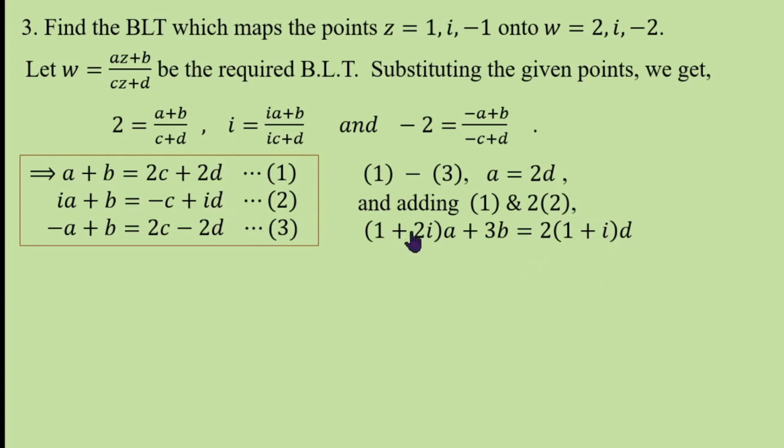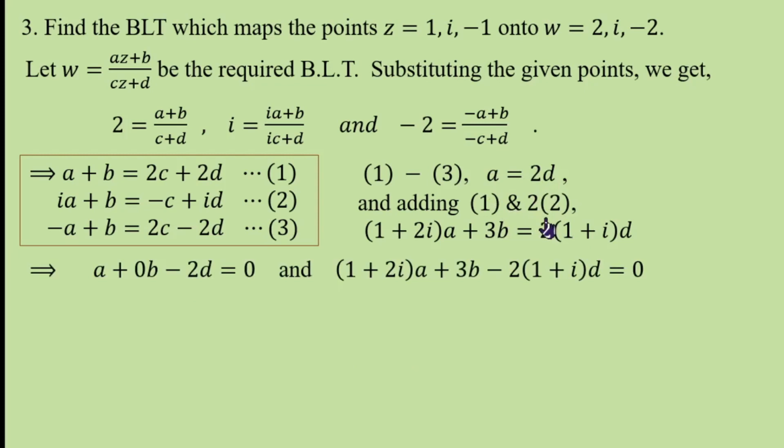Now this equation does not contain c. So we got two equations not involving c. Therefore we can write like this: a plus 0b minus 2d equals 0. And here (1 plus 2i)a plus 3b minus 2 times (1 plus i)d equals 0.